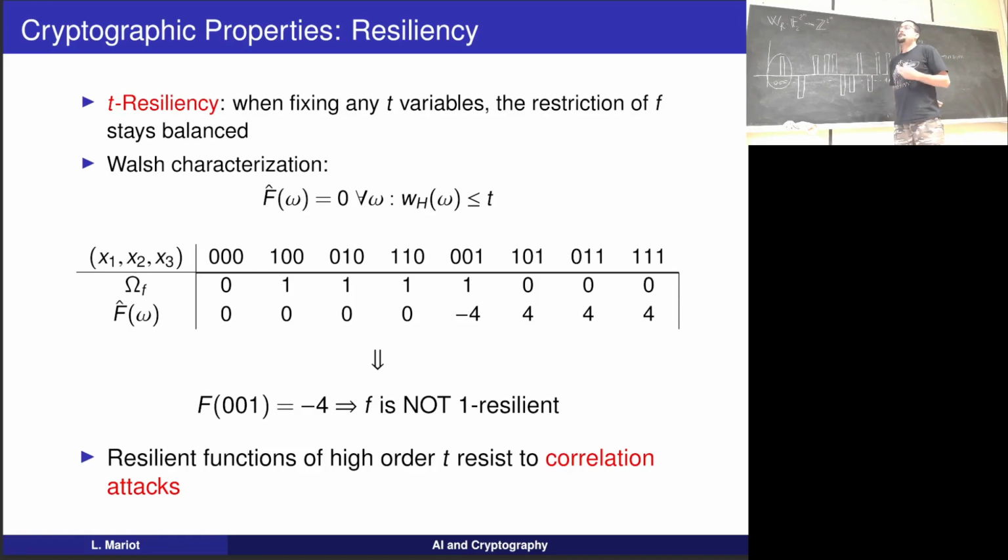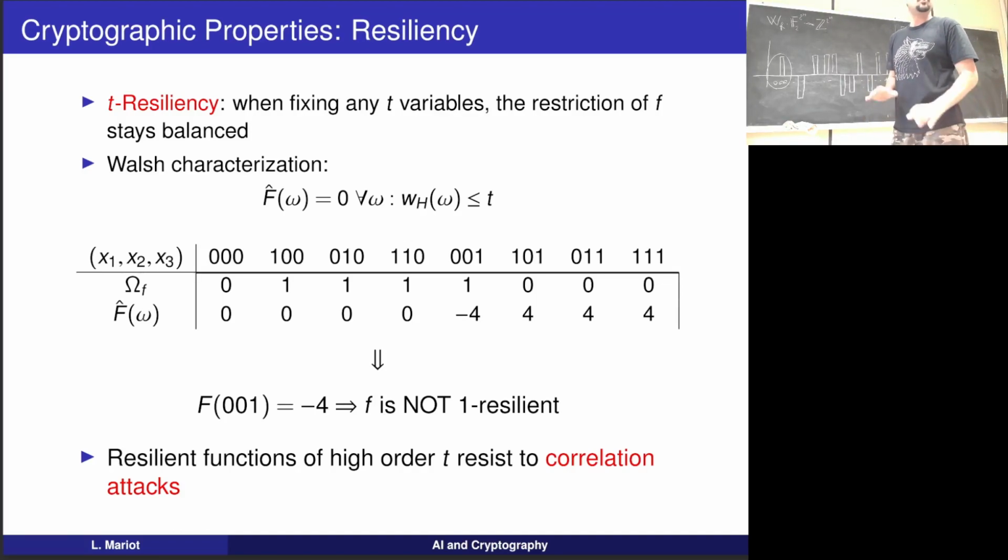In general, we would like to have functions that are resilient of a high order, because this allows to resist what are called correlation attacks over the linear feedback shift registers. And okay, so this basically closes the part over the cryptographic properties of Boolean functions.